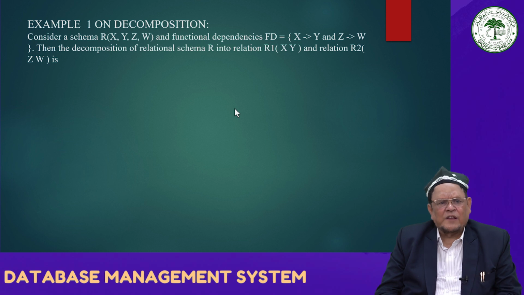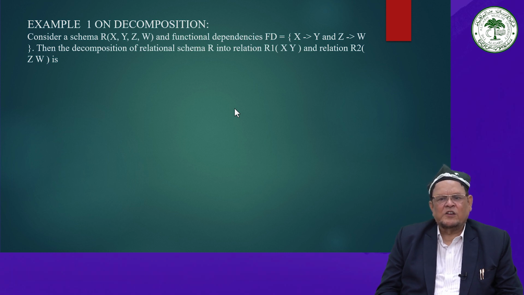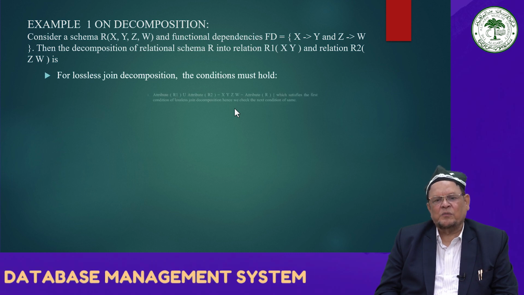So here I am taking one example. Consider a schema R which contains attributes X, Y, Z, W, and the functional dependencies X determines Y and Z determines W. Then the decomposition of relation R into R1(X, Y) and relation R2(Z, Y). For a lossless join decomposition, the conditions must hold.